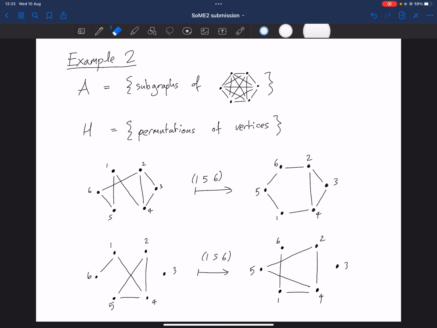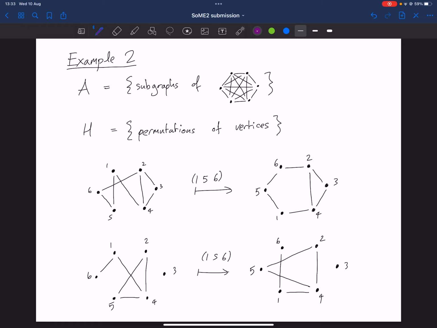And then finally, H in this example is going to be permutations of vertices. So we're sending one subgraph to another subgraph by reordering the vertices, and the edges move around following the vertices. So let's see a particular example of this.